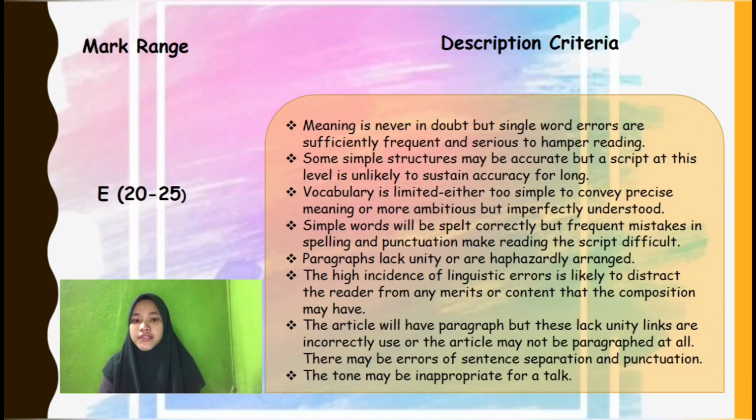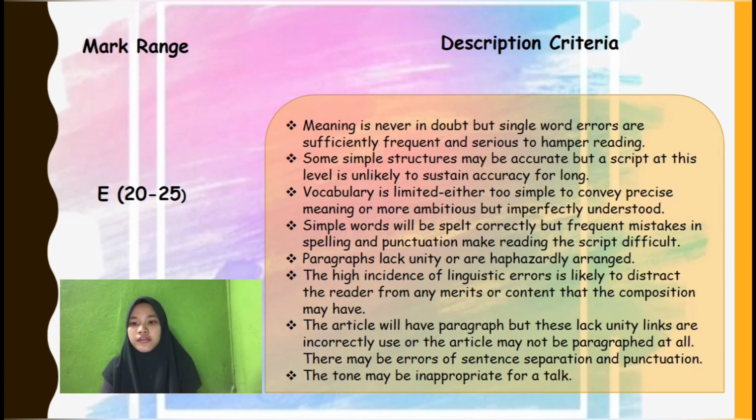Okay, for mark range 20 to 25, the criteria that we use is: meaning is never in doubt, but single word errors are sufficiently frequent and serious to hinder reading. Some simple structures may be accurate. Vocabulary is limited, too simple to convey precise meaning, or more ambitious but imperfectly understood.